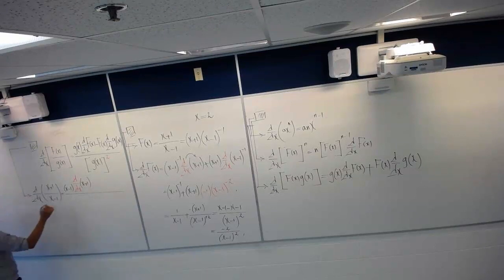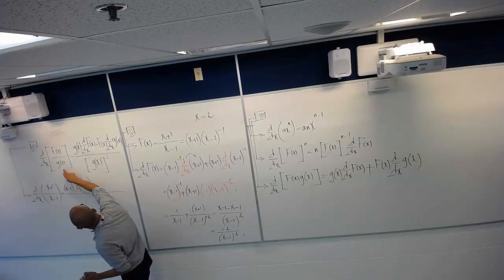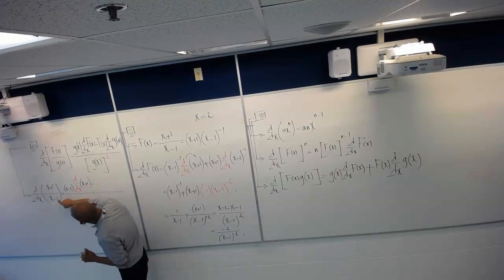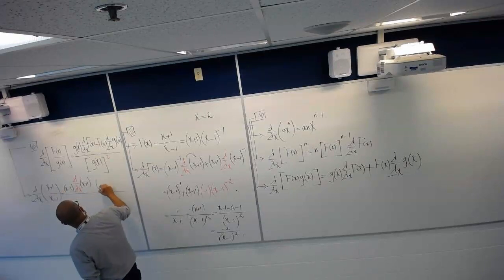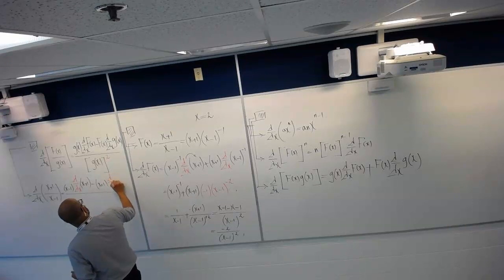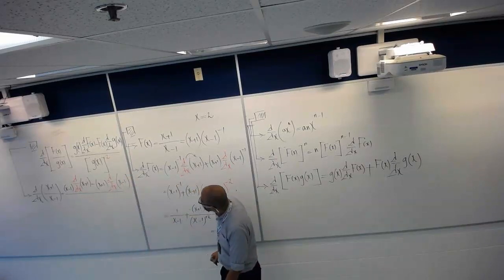I say minus the derivative of the new denominator times the numerator, which means x plus 1 times d over dx of x minus 1.